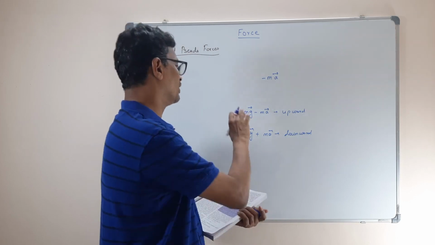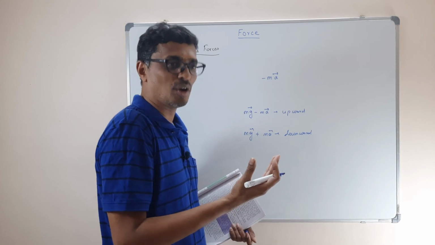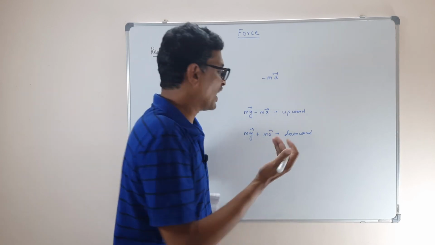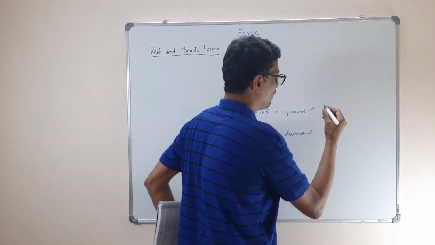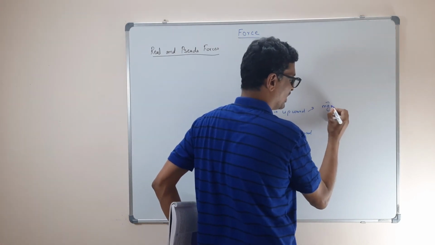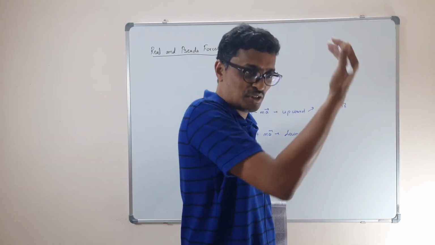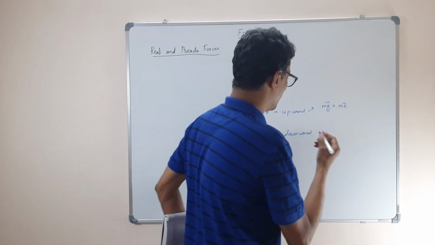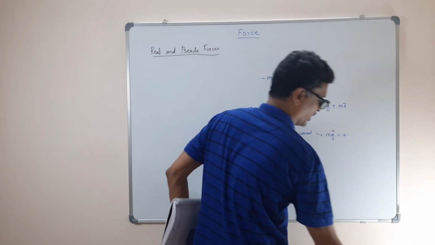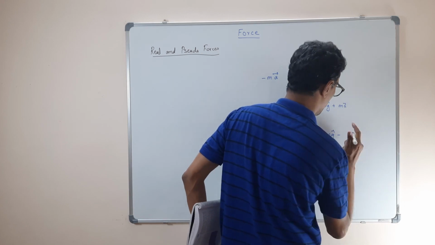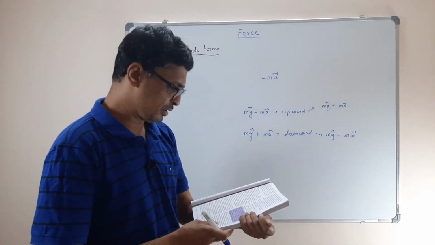When you are in upward motion, the actual weight you face is mg plus the acceleration term. These are the two components you will face when you move upward. When going downward, what you will find is mg minus ma. That's what they have written.